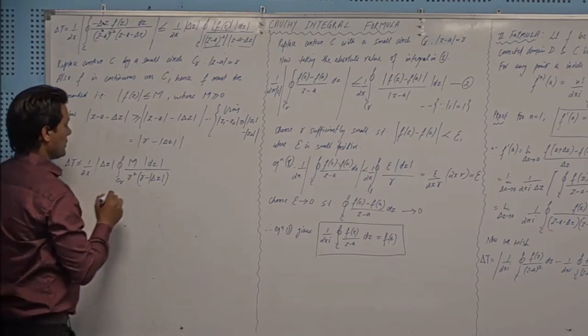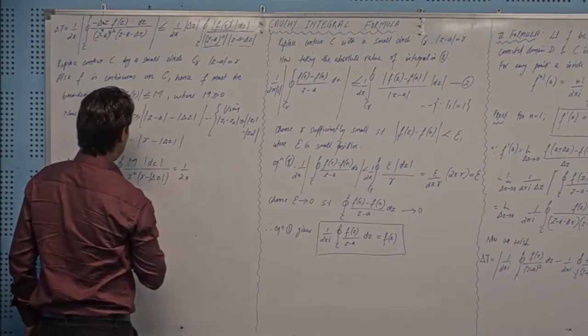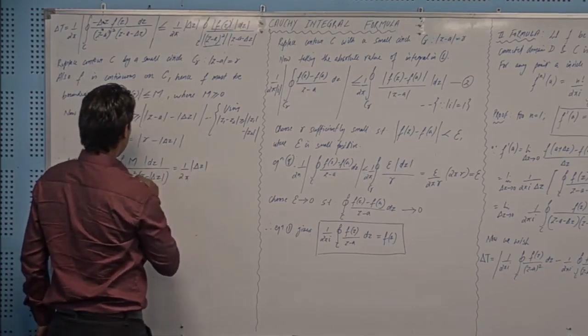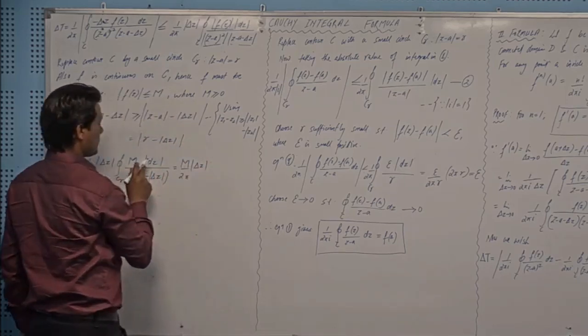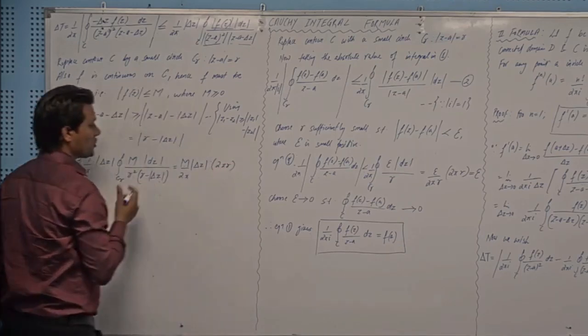It will become 1 over 2 pi and delta z, and M will appear here, and this will become 2 pi r, the circumference of that small circle.